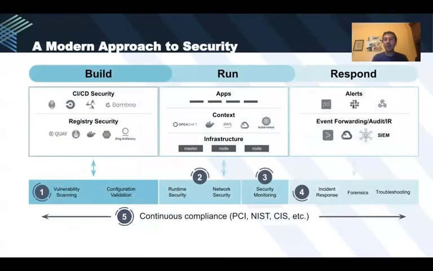So from the security point of view, I really think the approach is changing. It is changing in the data center, but it is also changing when we're orchestrating containers everywhere, including at the edge.